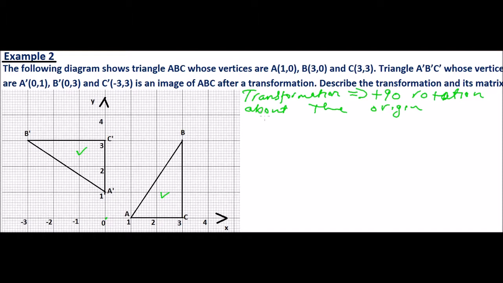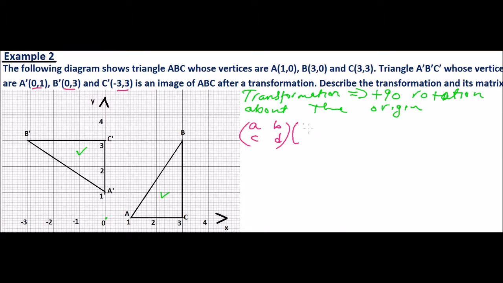For us to do that, as I said in the beginning, let our transformation matrix be A, B, C, D. If you multiply it with the column vectors of our object, which will form a matrix, you should get the matrix formed from the column vectors of our image.